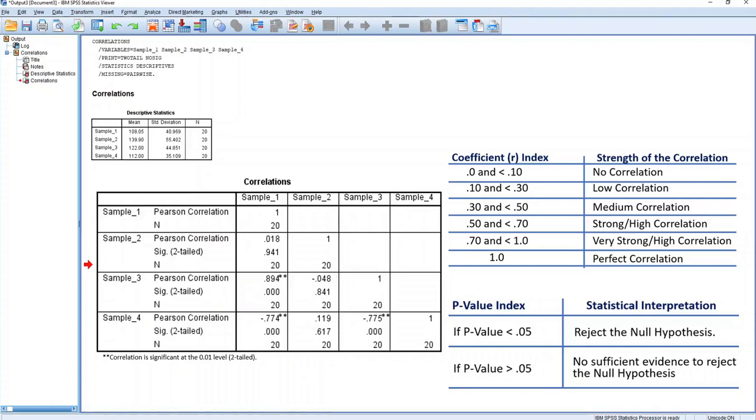The correlation coefficient between sample 3 and sample 2 is minus 0.048 and is a negative value. Again, if you look at the index table, this coefficient falls between 0.0 and less than 0.10, and this indicates that there is no linear correlation between the two samples.